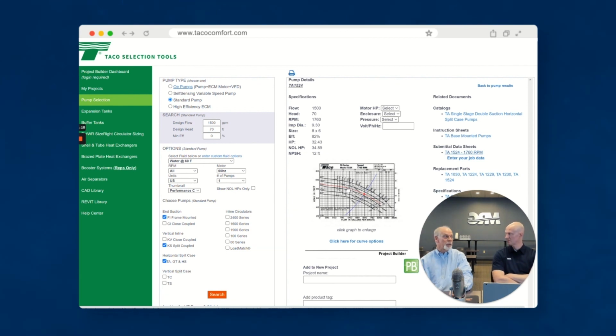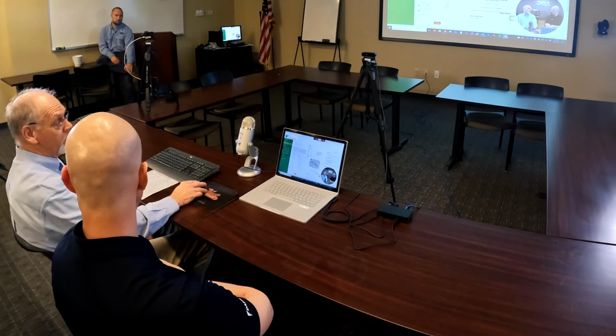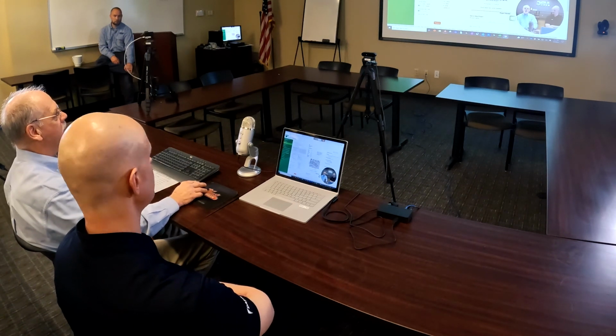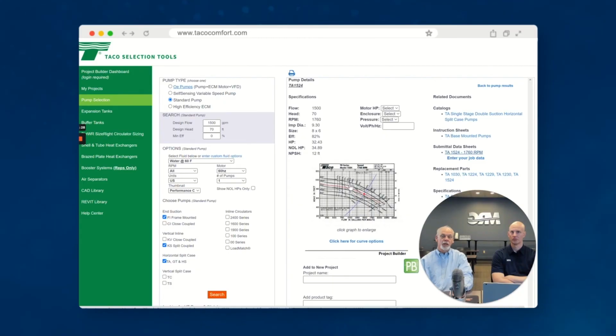Of course, they are limited based on size, but most of the inline pumps that I sell, I usually build them here. Because we'll get the parts in for those and build them here. And we can have them within a week or two, usually, on some of the smaller pumps. Same thing with the smaller base-mounted pumps and the smaller inline pumps that we can do.